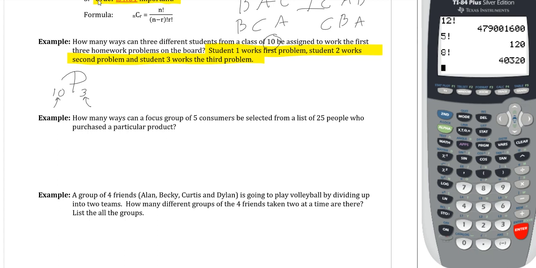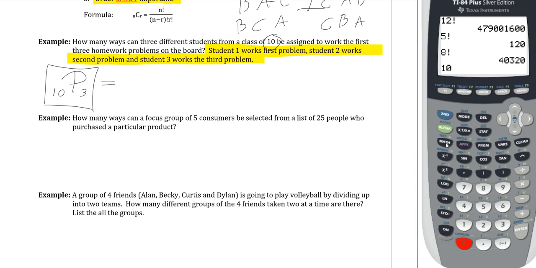So this is going to be 10 permute 3, as we would read. In order to do this in our calculator, like with the factorial, what we're going to do is type it in as I wrote it here, meaning that I'm going to type in the number 10 first before I go find the permutation function. Let's do that. I'll type in the number 10 first, and then we'll go find the permutation function.